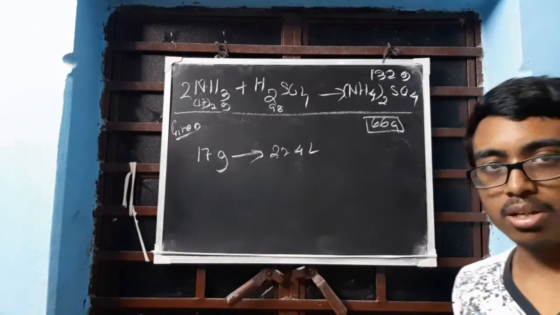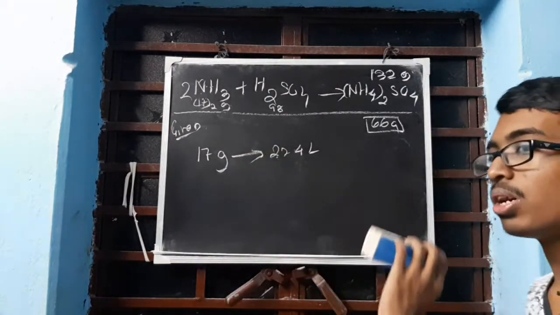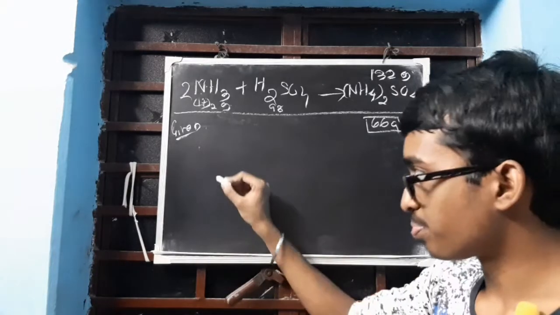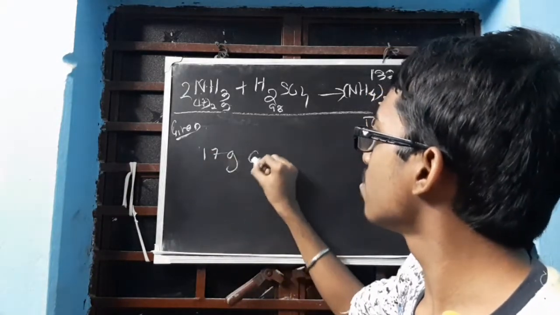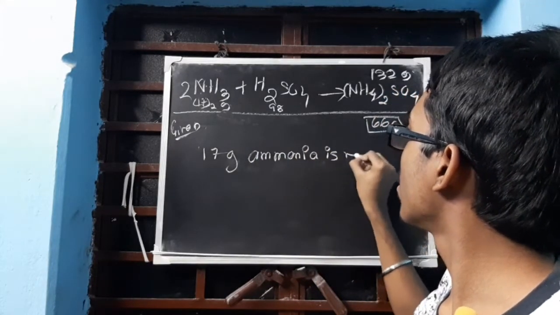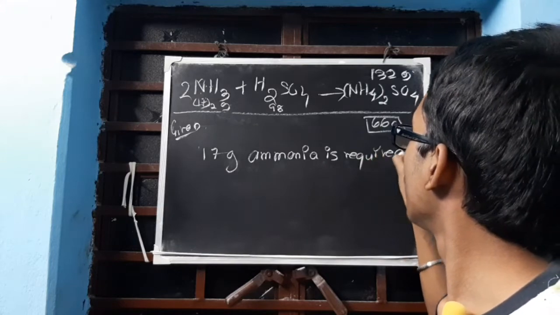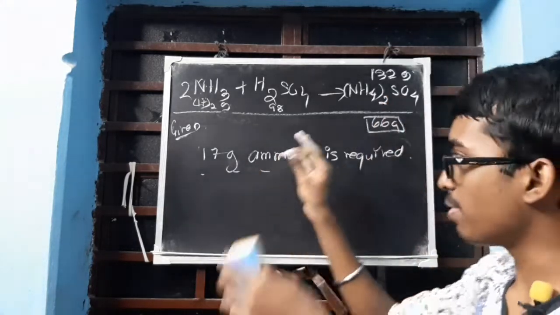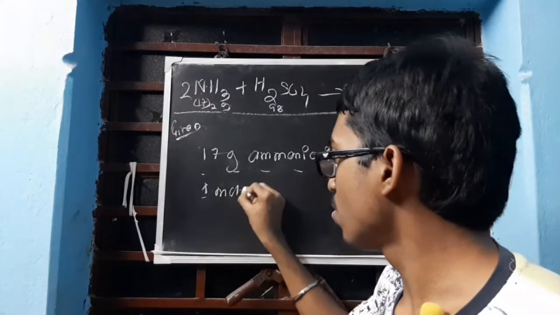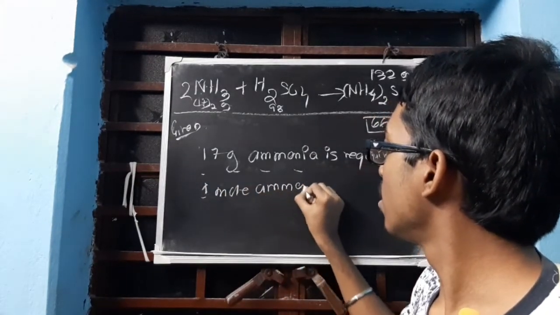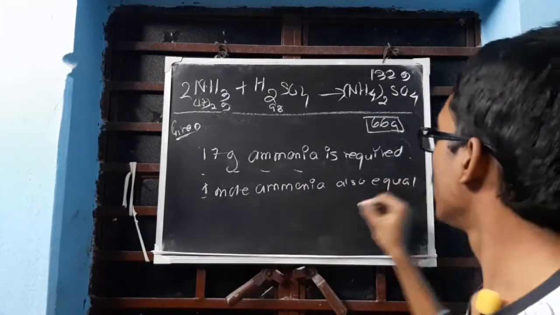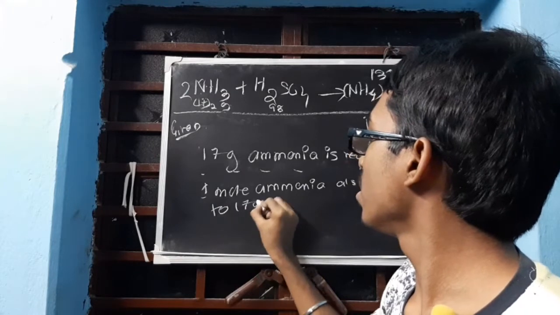There is nothing more to do, only because we know 17 gram is 1 mole and 1 mole occupies 22.4 liter. So what will you write? 17 gram ammonia is required, and whatever else you have to write for this much. Clear? Next you will write 1 mole ammonia is also equal to 17 gram.